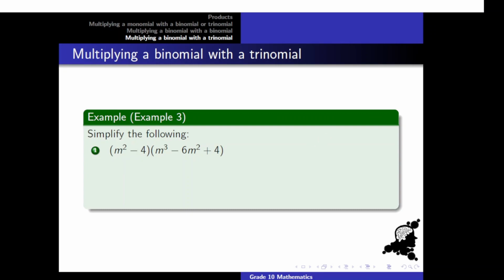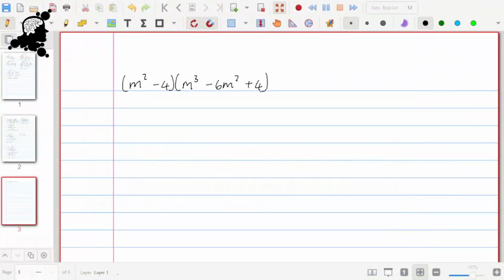So let's see. m squared minus 4, and we have m cubed minus 6m squared plus 4. Let me go to the writing pad so you guys can see what I'm doing.